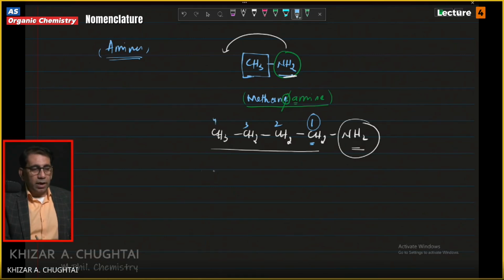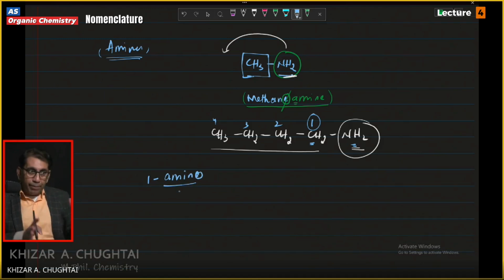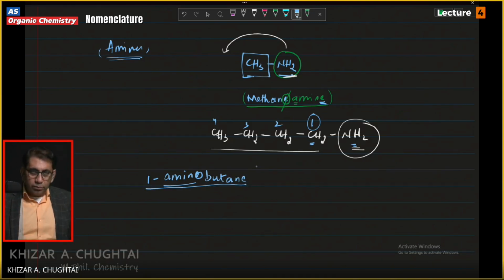So in this case, I'm going to write the name, and here this one is 1-amino. If you are writing it as a branch, then you will write amino, not amine. 1-amino, and the rest of the procedure will remain the same. 4 carbons are there, so you will write but, all carbon-carbon single bonds, ane, and boom, 1-aminobutane is also the name of this compound.